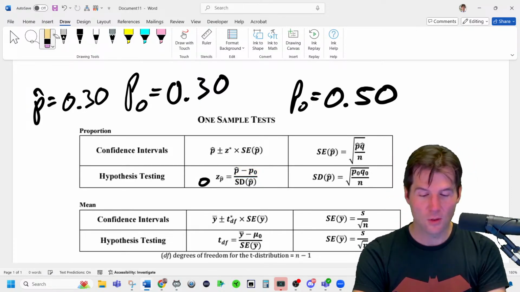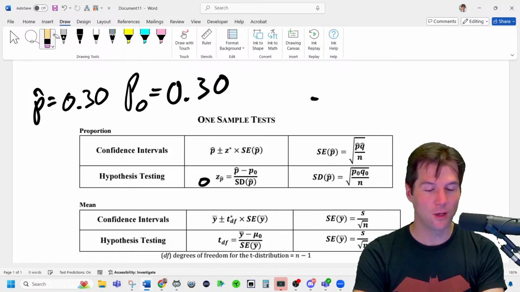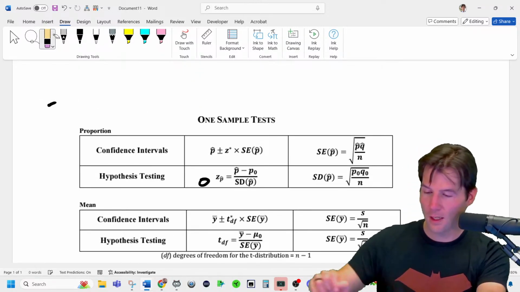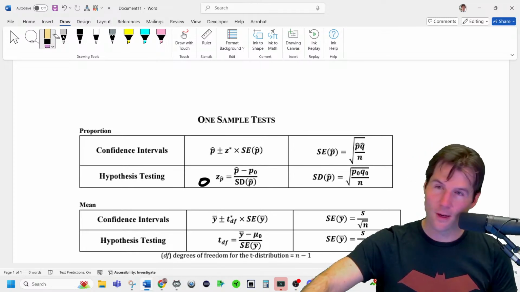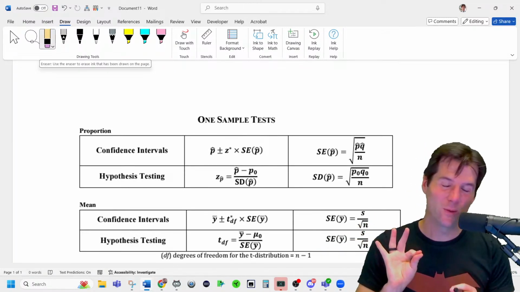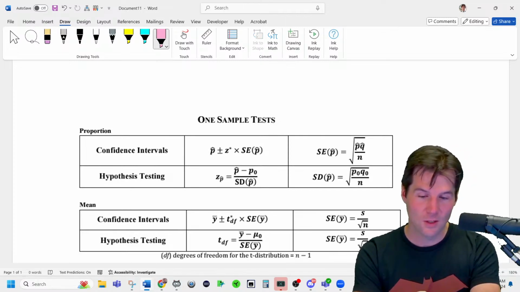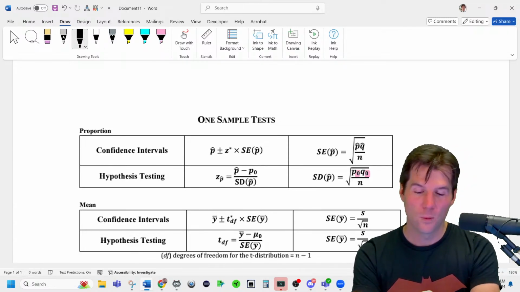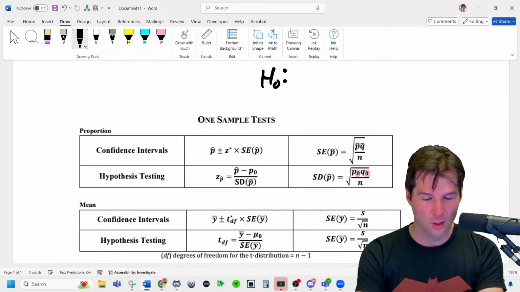So now you need the standard deviation of p hat. Now you might say, why is this not a standard error? It doesn't matter much, and this is not really on the test. It's so minute. It's because the null is hypothesized to be true. When we write out the null hypothesis, we write the null is that p equals p naught.